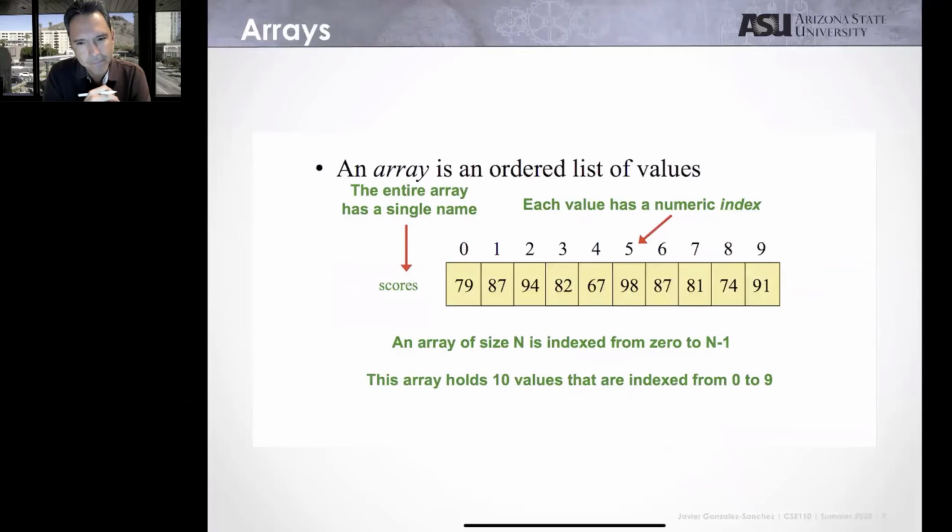Now, very, very important. When you think about the array in the memory of your computer, something that I need you to remember is, if you have this RAM memory, when you create an array, all these elements are consecutive.